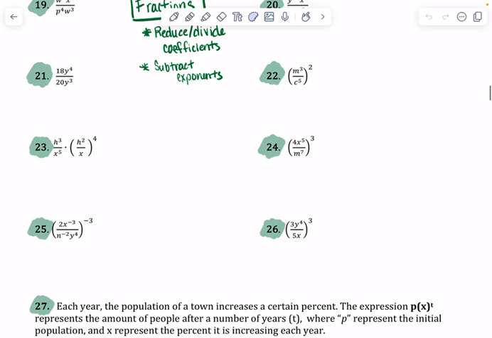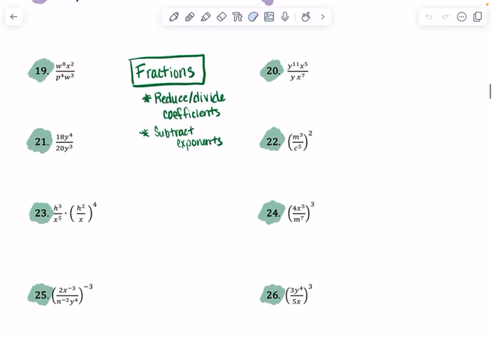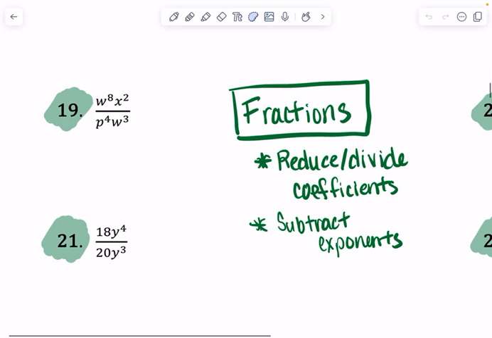So we're going to throw fractions into the mix here. Keep in mind still the rules about parentheses, but if we don't have parentheses and a power outside those parentheses, it's just a matter of reducing or dividing any numbers or coefficients that you have, and then those like variables you subtract, because we're kind of canceling them out.